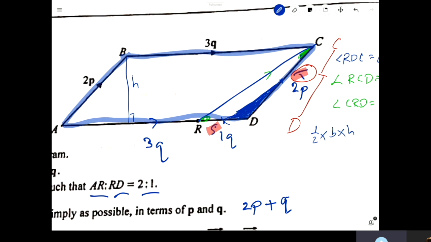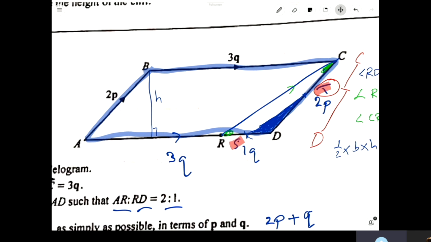Don't need half, because it's a parallelogram. So it's actually AD times H. Area of parallelogram A is equal to ADH, the base times the height.